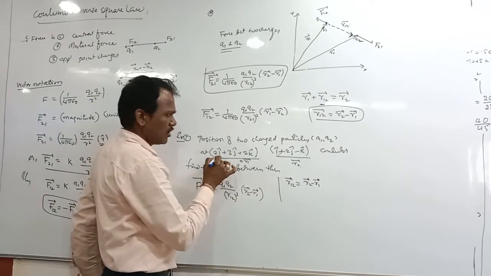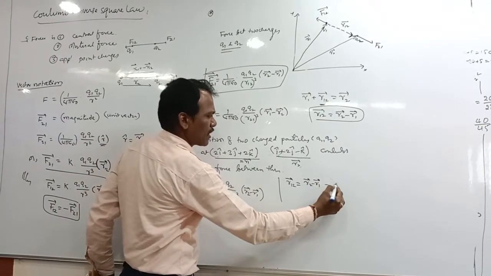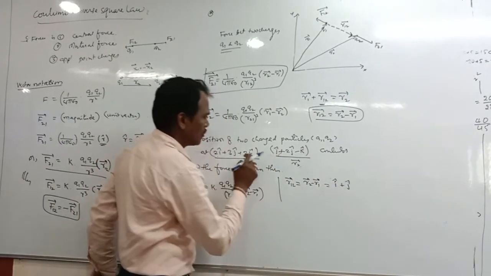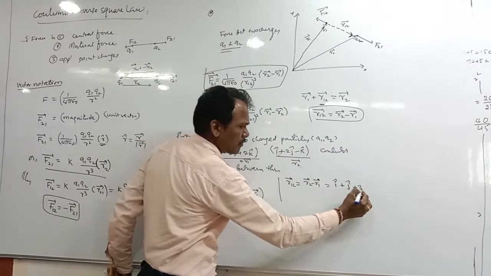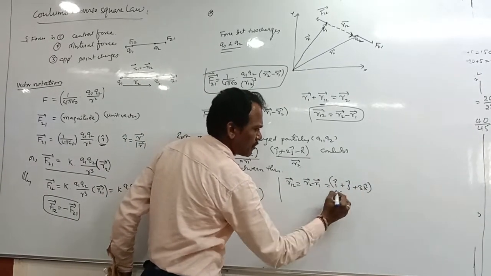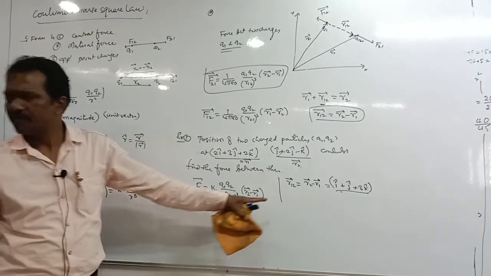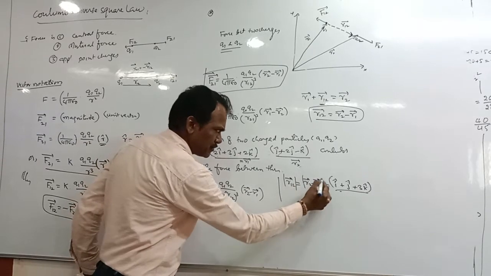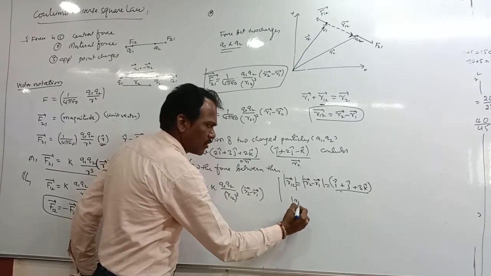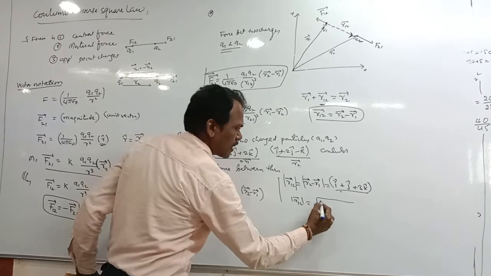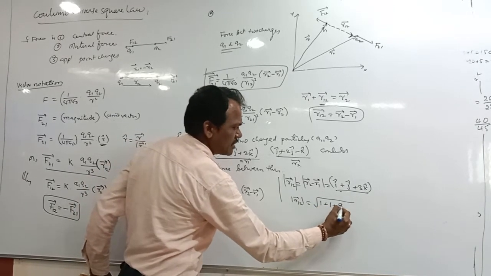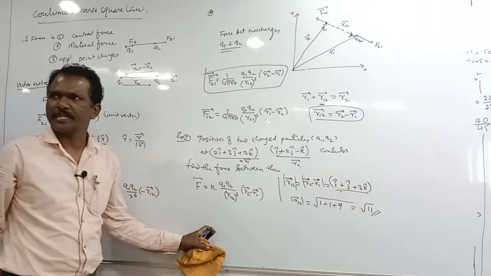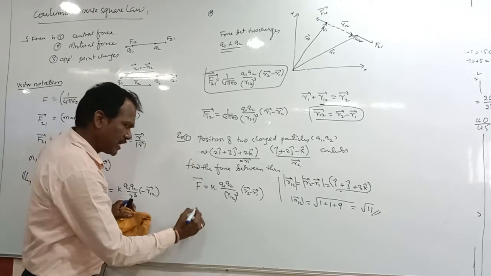What is r2 minus r1 here? 2 minus 1 i cap, 3 minus 2 j cap, plus 2 minus of minus 1, that is 3 k cap. That is r2 minus r1. Find its magnitude: root of 1 square plus 1 square plus 3 square, that is 9, root 11, right?